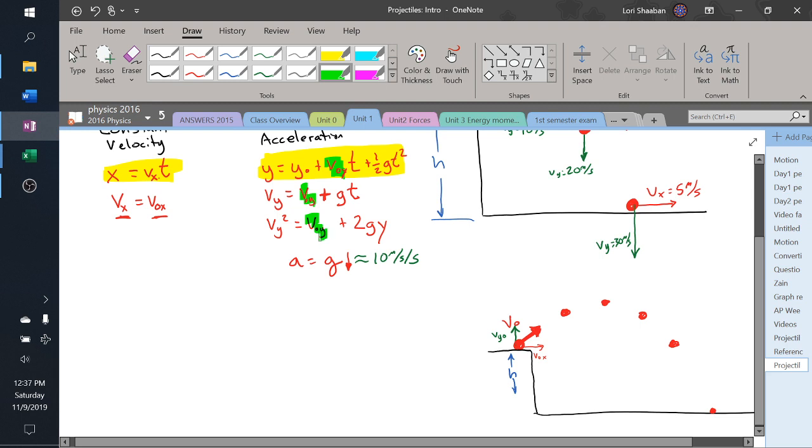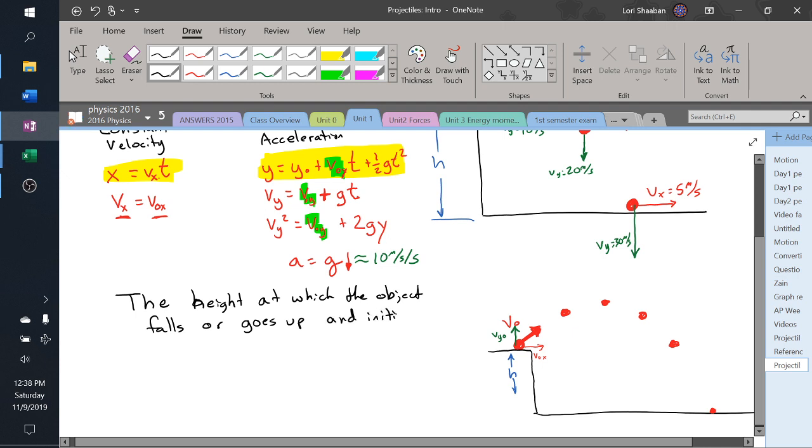So what's going to dictate how long it's in the air? The height at which the object falls or goes up, and the initial velocity in the y direction will affect the time in the air.